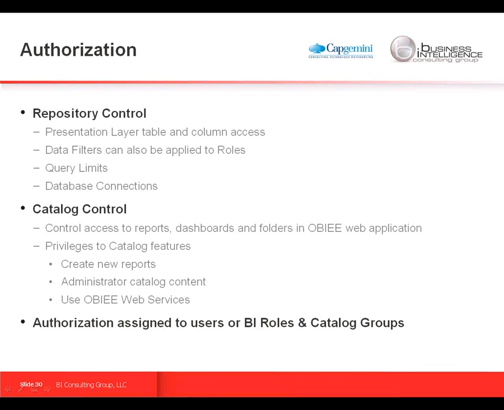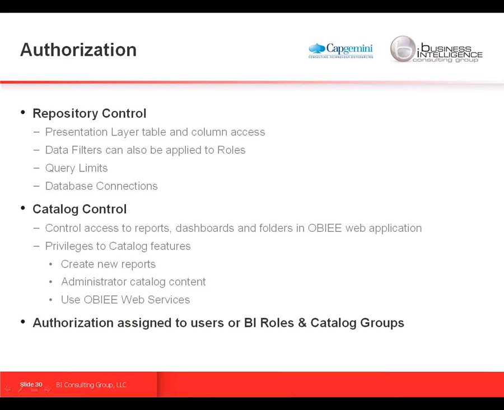So for authorization, and authorization is what kind of things can you do, not are you a valid user. In the repository, there's a variety of things that authorization covers. We can control who has access to particular tables and columns in that presentation layer. And again, that's for both people who are using the BI web application as well as direct BI server access.